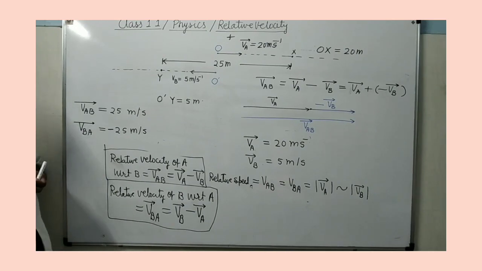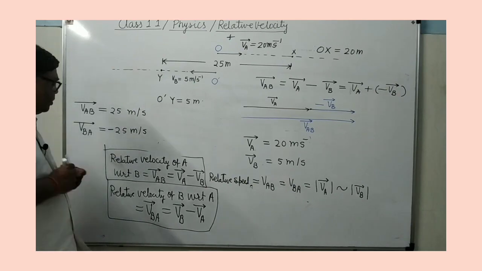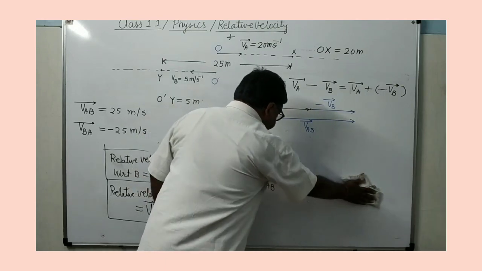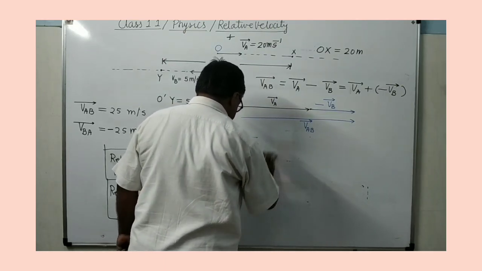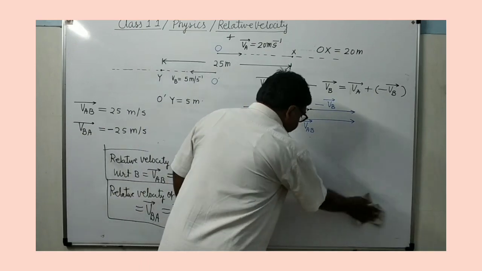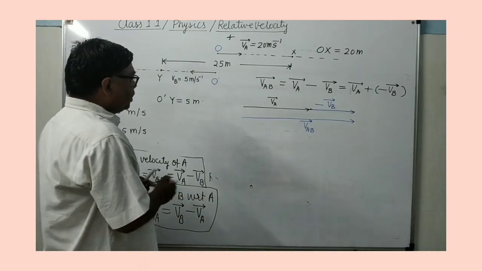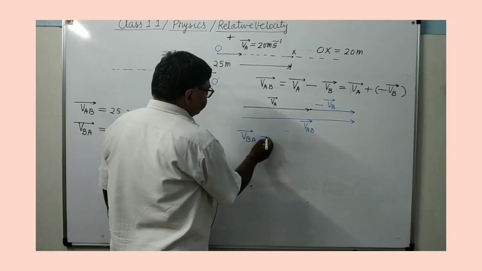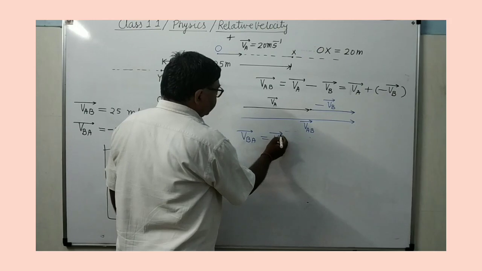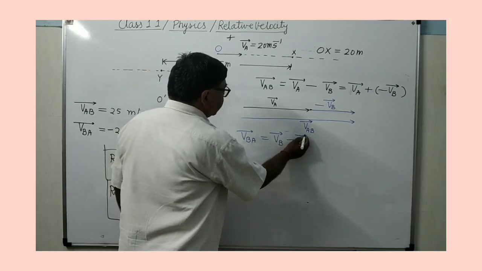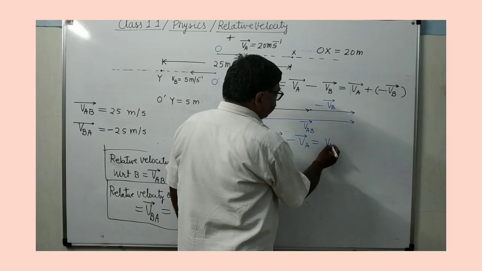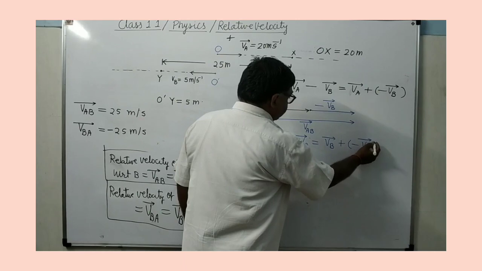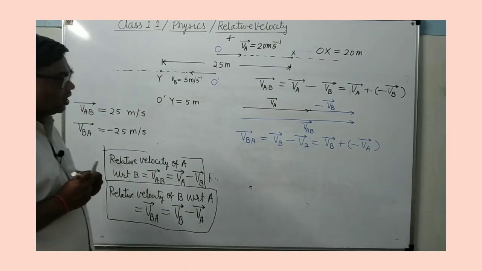Now in case of vector VBA, this can be vector VB minus vector VA, which means vector VB plus negative of vector VA. Now first you draw the vector diagram.